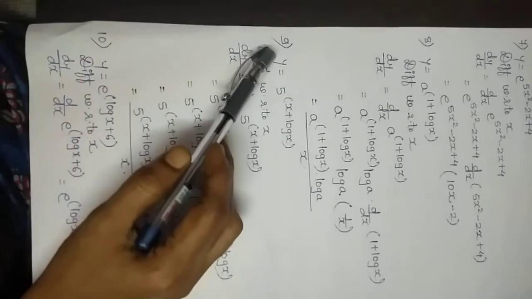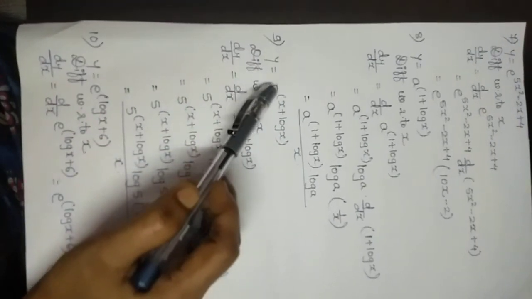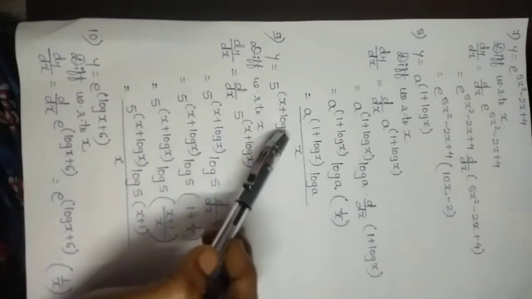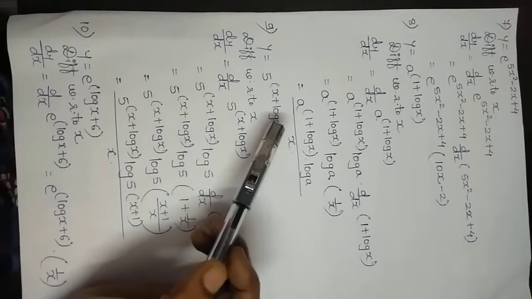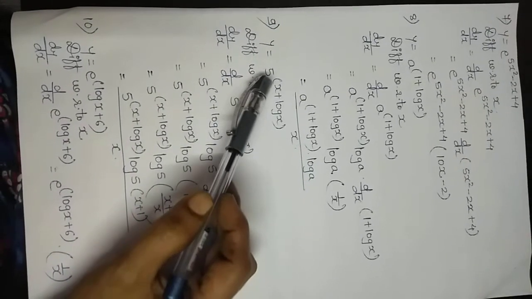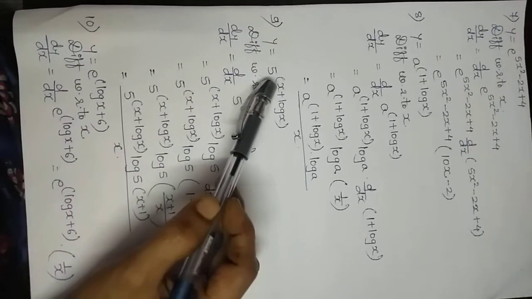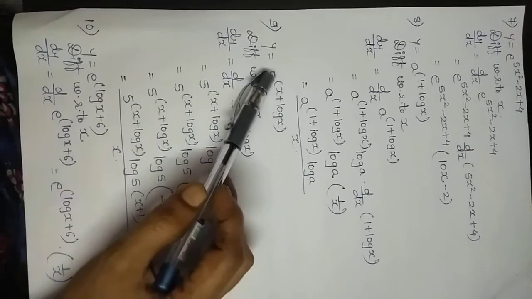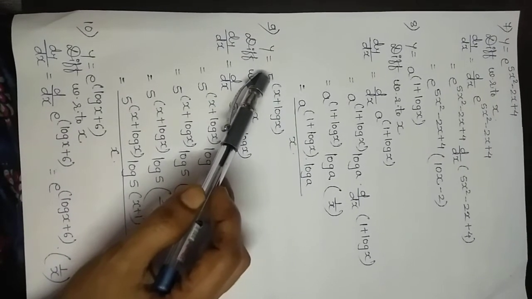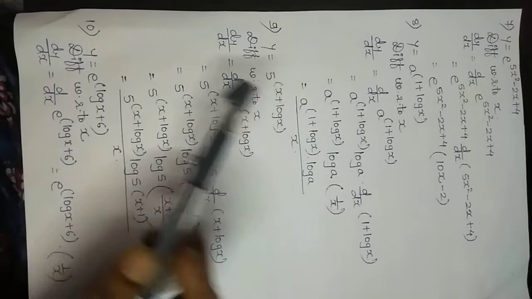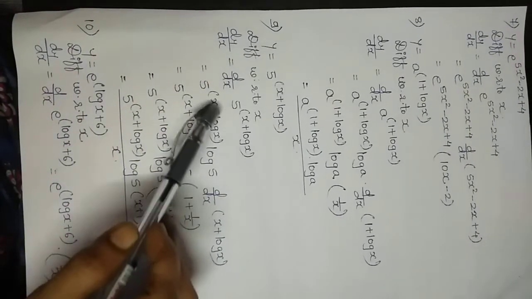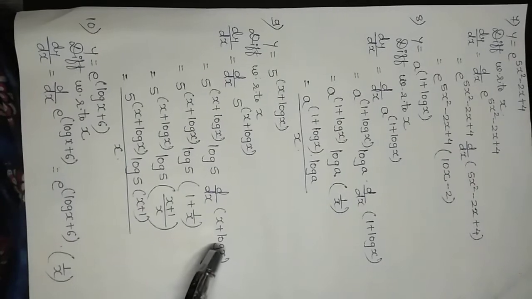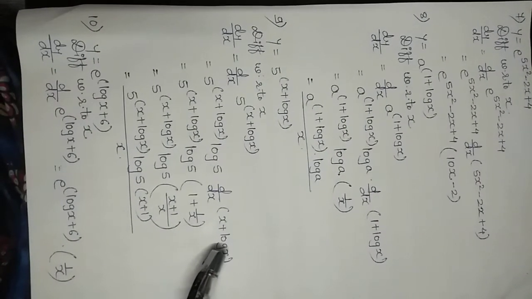Next sum, y is equal to 5 raised to x plus log x. Now this is also a similar type of question just like a raised to x, but here the value of a is given as 5. So while taking the derivative, we will read that question as 5 raised to x. So the derivative will be 5 raised to x into log 5 into the derivative of this bracket term, as we have considered that term as x.